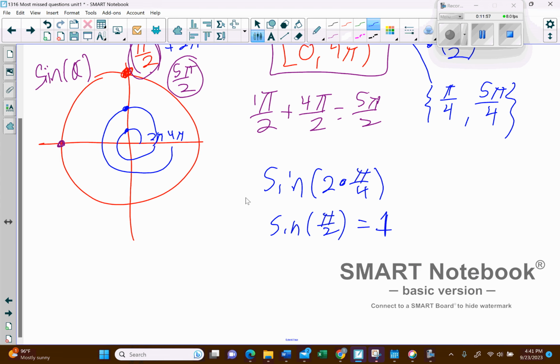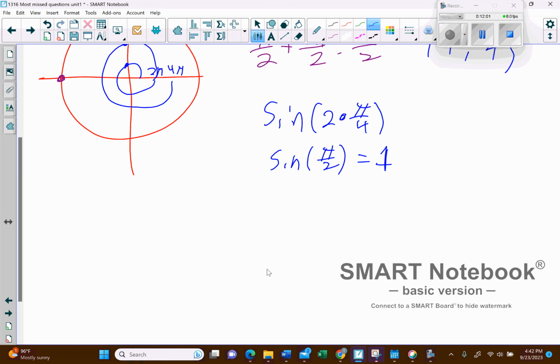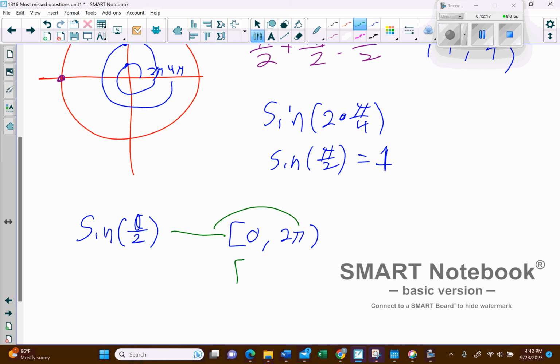One other thing I'll mention, it didn't come up very much in these examples, but it is possible that you could get something like sine of theta divided by 2, and then you have your interval from 0 to 2 pi. What you'd have to do on adjusting your interval is divide both of those by 2, so your new interval would be from 0 to pi instead.